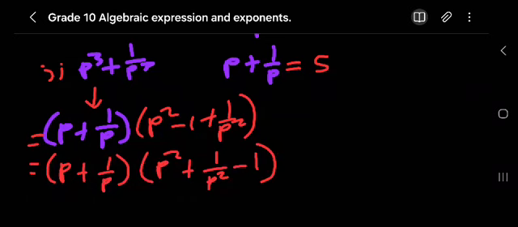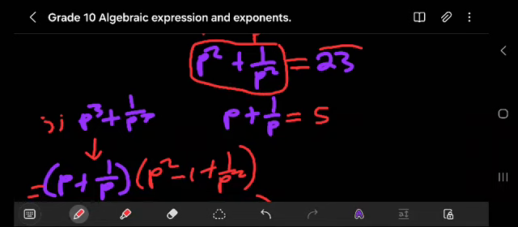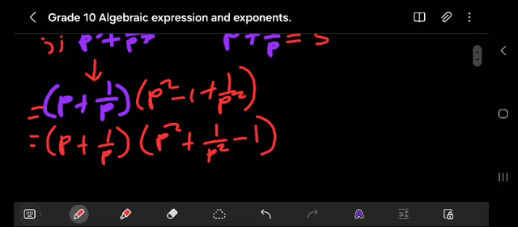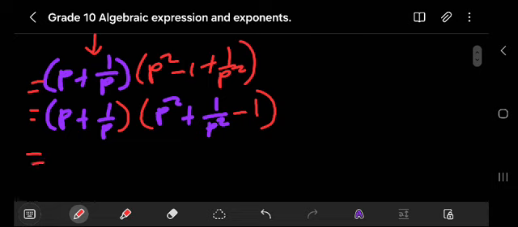Why? Because already on the top we said the value of this is equal to 23. So we still have this, only this part must be equal to 23. This part is equal to 5. So you'll simply have 5, right? Cool.